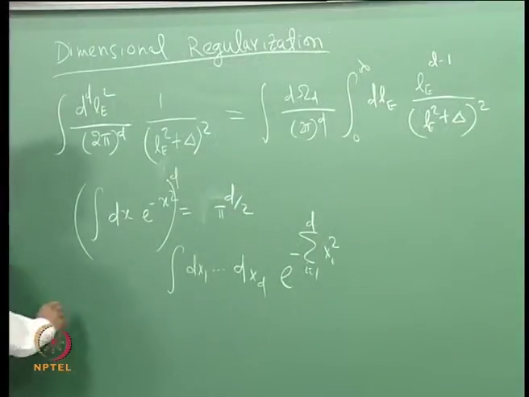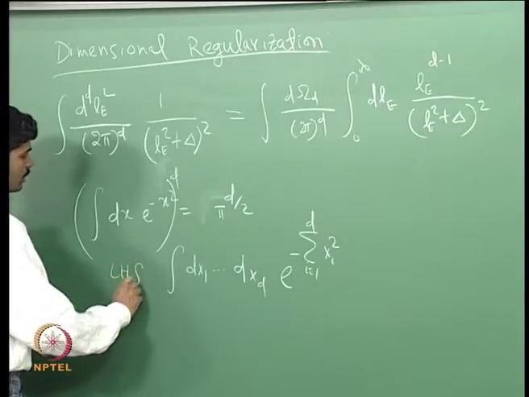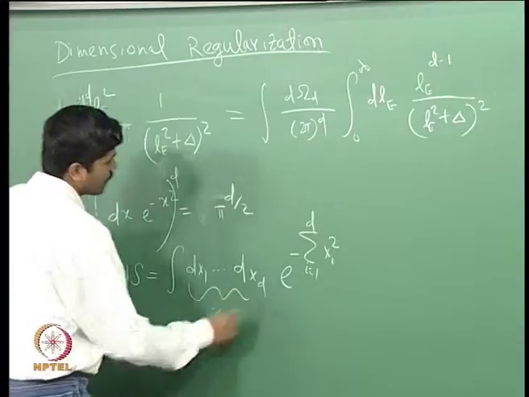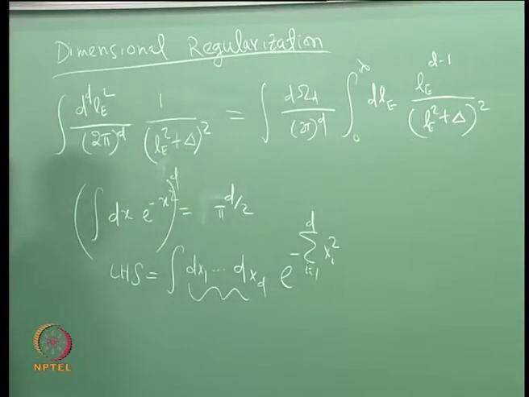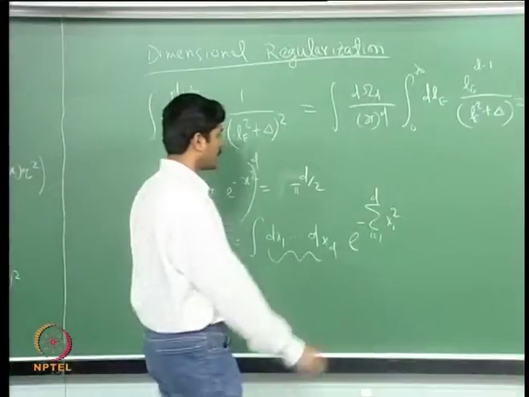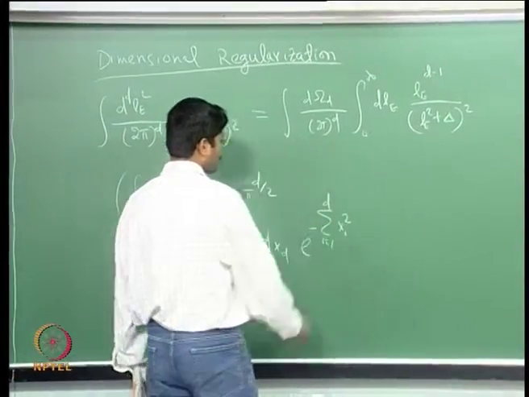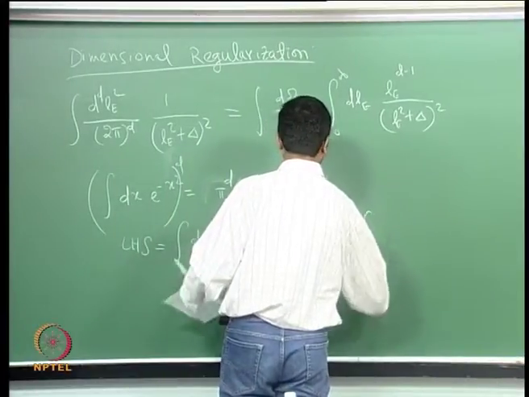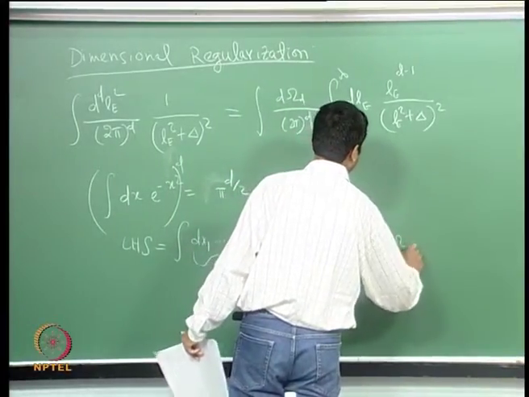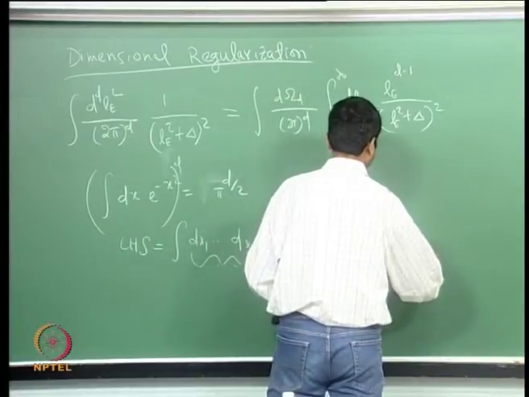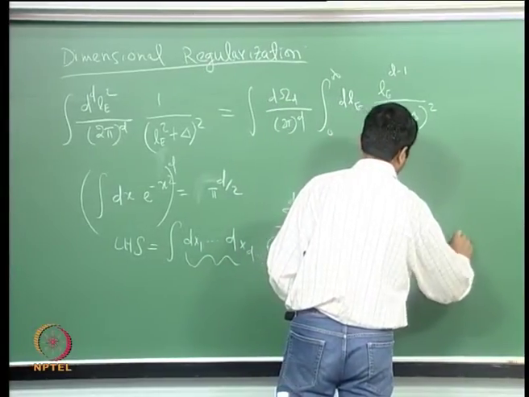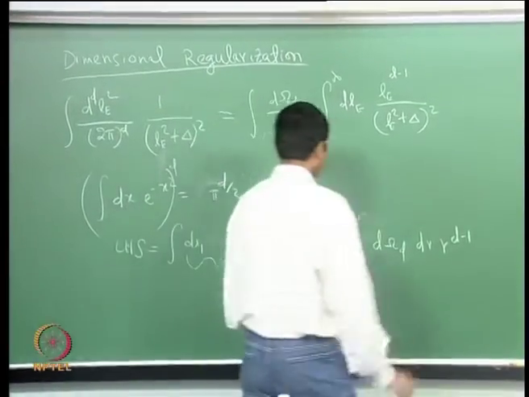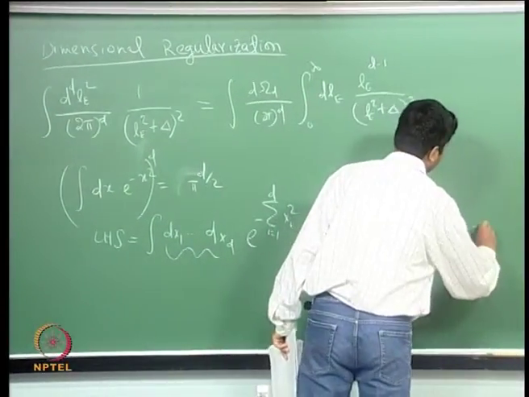This is my LHS, and this is just the volume element in d dimensional Euclidean space, and this is just the square of the radial distance. So I can write it as d omega_d times dr r to the power d minus 1, which is the volume element, times e to the power minus r square.